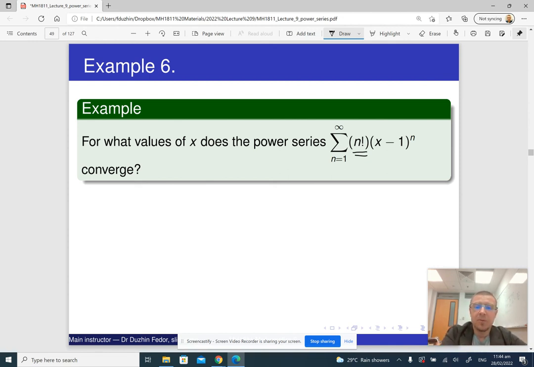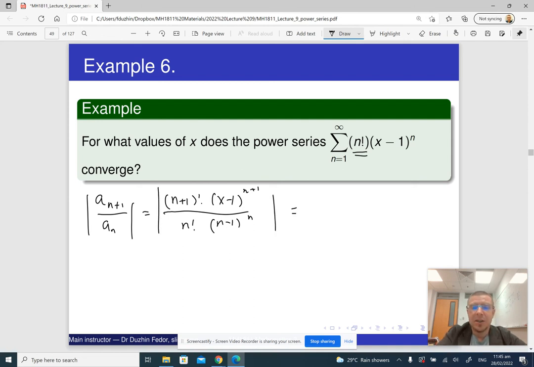Now again, because of the factorial, let me apply the ratio test again. So a_(n+1) divided by a_n, absolute value. I should write absolute value. This is going to be n plus 1 factorial times absolute value of x minus 1 raised to the power n plus 1, divided by n factorial times absolute value of x minus 1 raised to the power n.